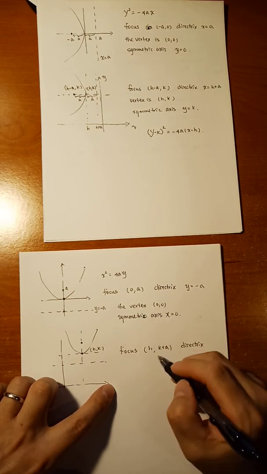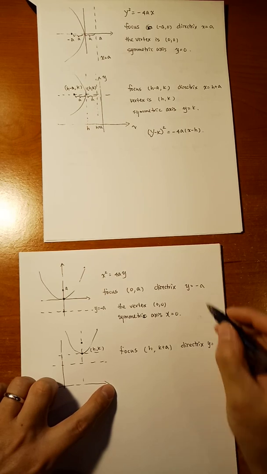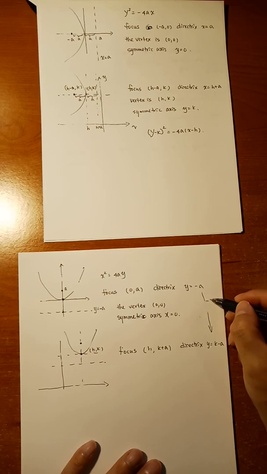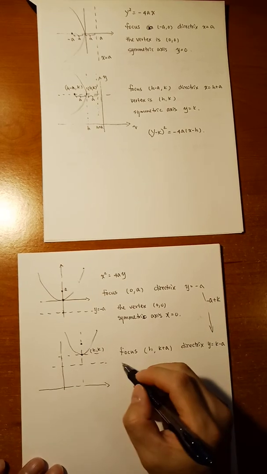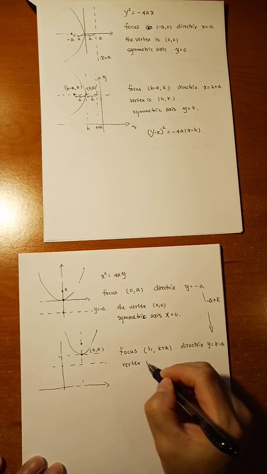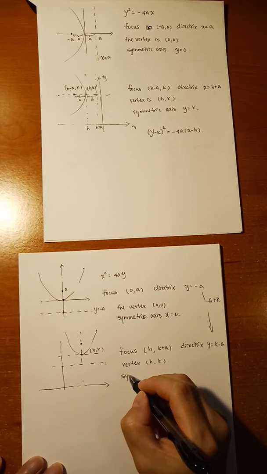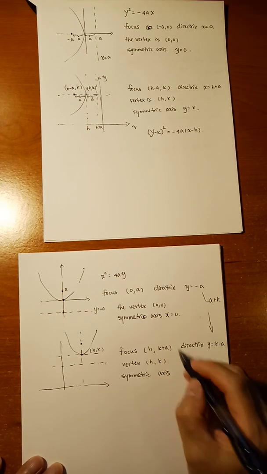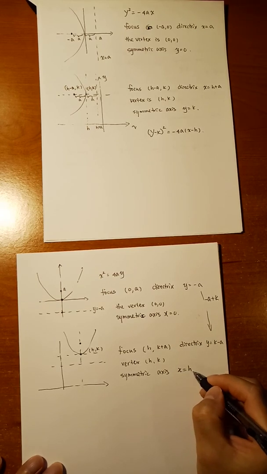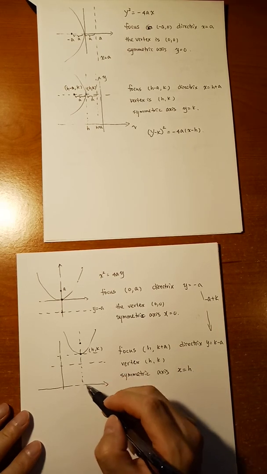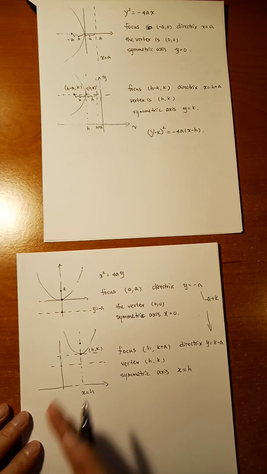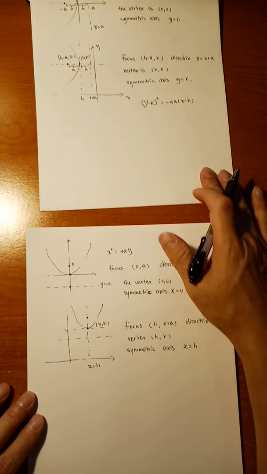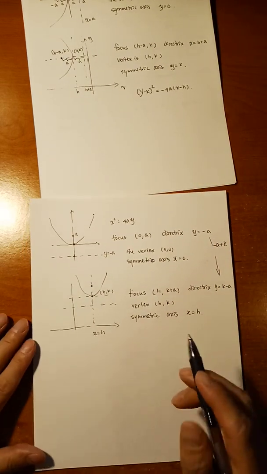Negative a plus k, it's a y coordinate, so it's y equal to k minus a. The vertex becomes (h, k), and the symmetric axis becomes x, 0 plus h is h. So the symmetric axis is x equal to h, this vertical line. You see, that's a way how we memorize the geometry.